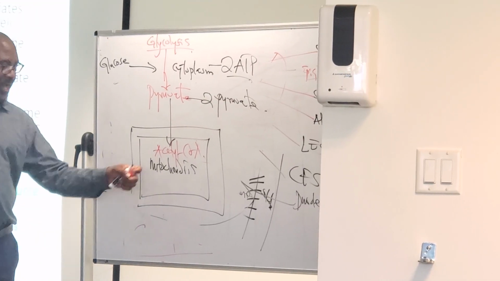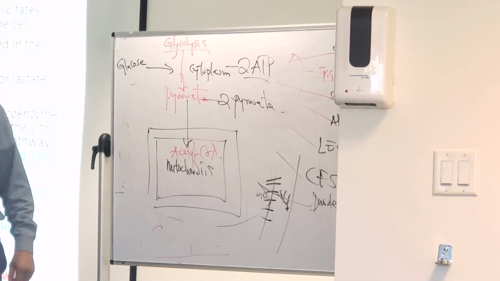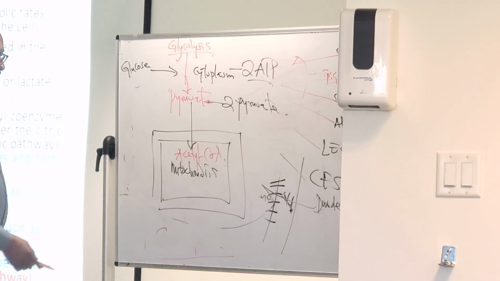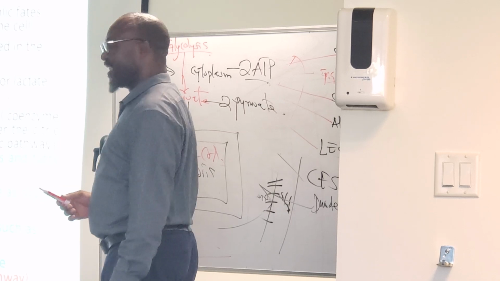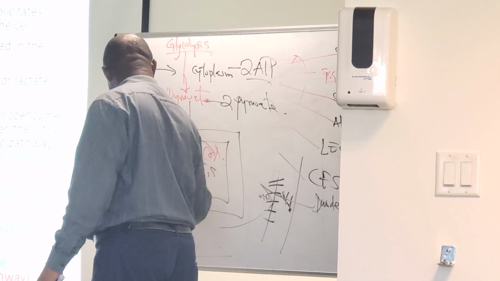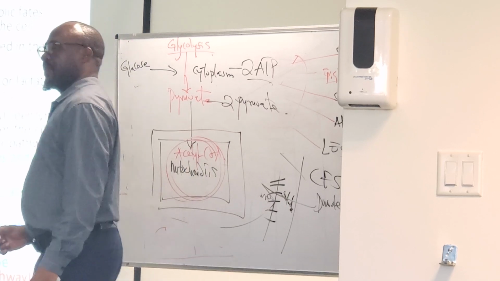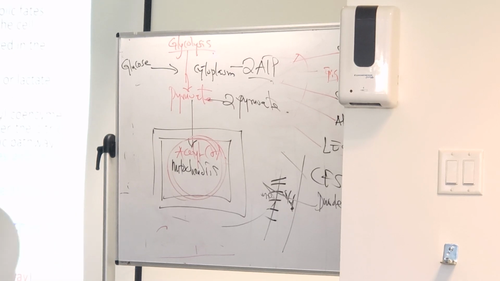Then acetyl-CoA, of course, other electrons are also put, high energy compounds which cannot be used by the TCA cycle. So acetyl-CoA will now enter into the TCA cycle, the tricarboxylic acid cycle happening here. So it first of all reacts with what? I'm not going to tell you the TCA cycle.